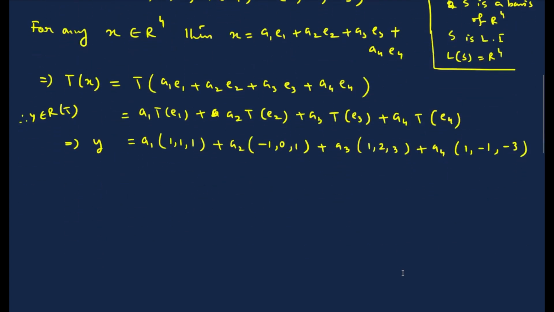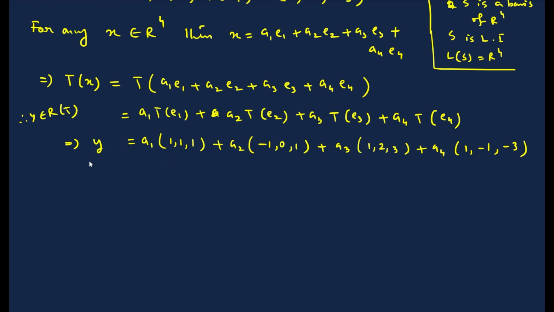Now we have to calculate this and find a new matrix. The coefficients are 1, 1, 1, -1, 1, 1. We have to calculate and find all those values of A1, A2, and A3, and check this combination.